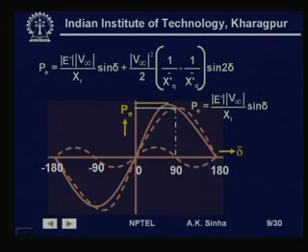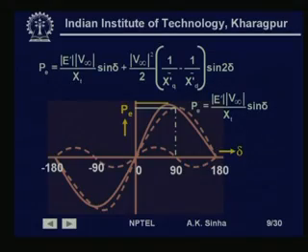So, this point is the maximum power output we can get from the machine. We cannot get any more power output from the machine even if we work the machine very gradually. So, we call this point the maximum power output or P max, and we also call this point the steady state stability limit.